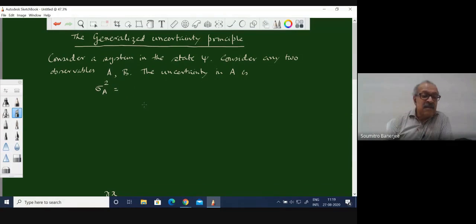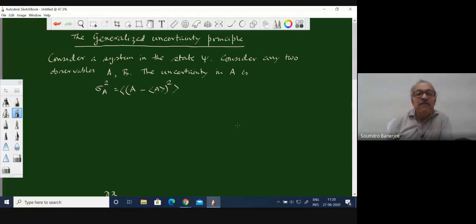That is sigma A squared equals the expectation value of (A minus the expectation value of A) squared, because this number might be positive or negative. That is a measure of uncertainty in the variable A. Effectively, it is related to the standard deviation in the distribution of the variable A.